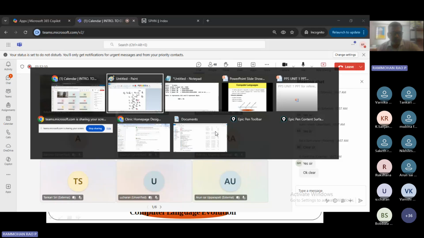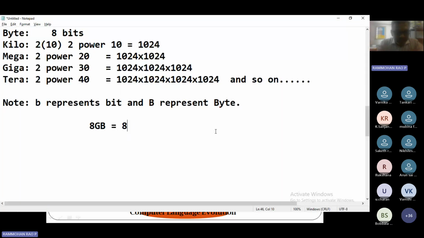Right now, this is the point we were discussing. I can also write it as 8 into 1024 into 1024, or simply I say 2 power 36 bits. Or if I want to write it in the form of bytes, I'll write 2 power 33 bytes.